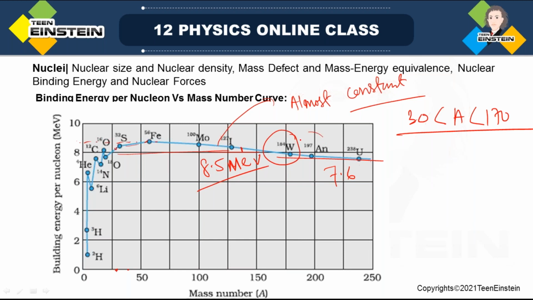For heavier nuclei, you can see this is tungsten, this is uranium. Uranium has the least value of binding energy.